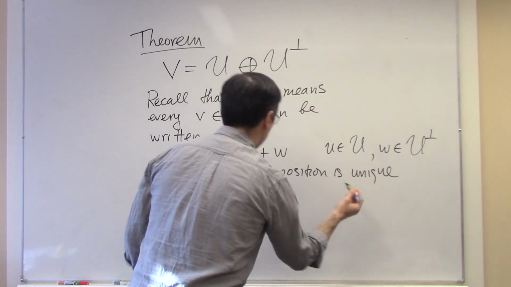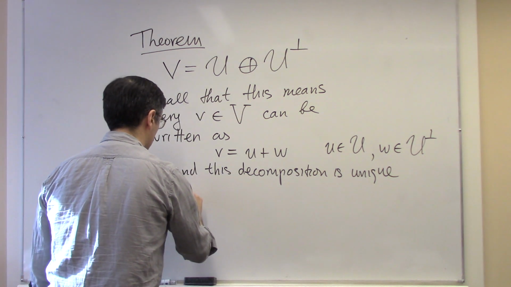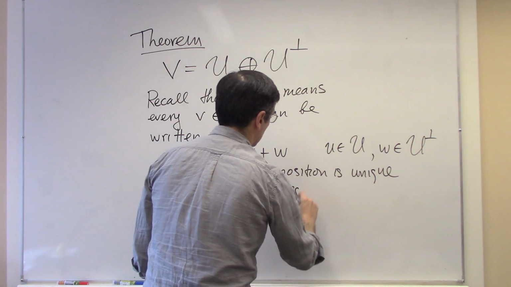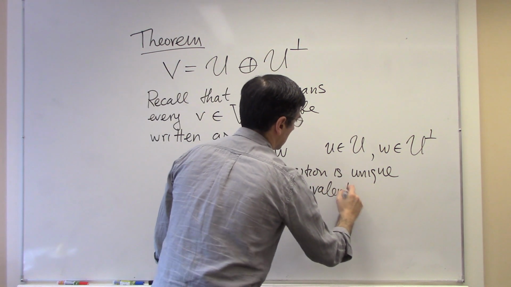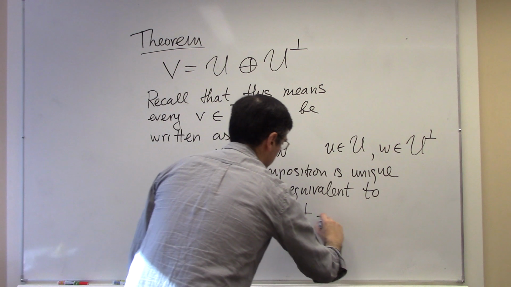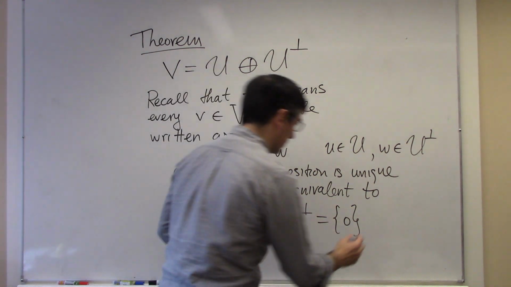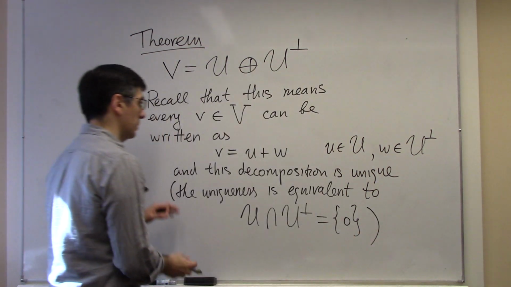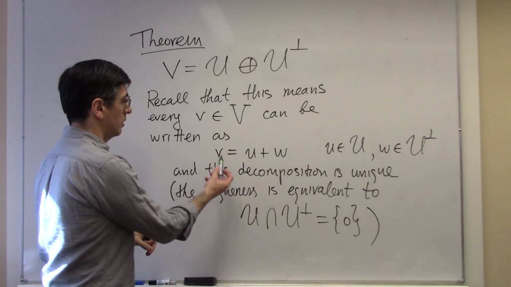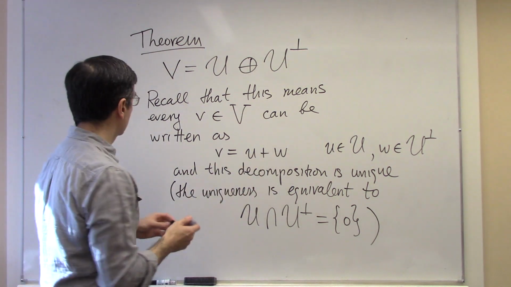So this part, not the decomposition part, but the uniqueness part, is equivalent to the intersection of these two spaces being 0, and this we already proved. So because we proved this, it is enough to show this part. So we will show that every vector can be decomposed this way. Okay?